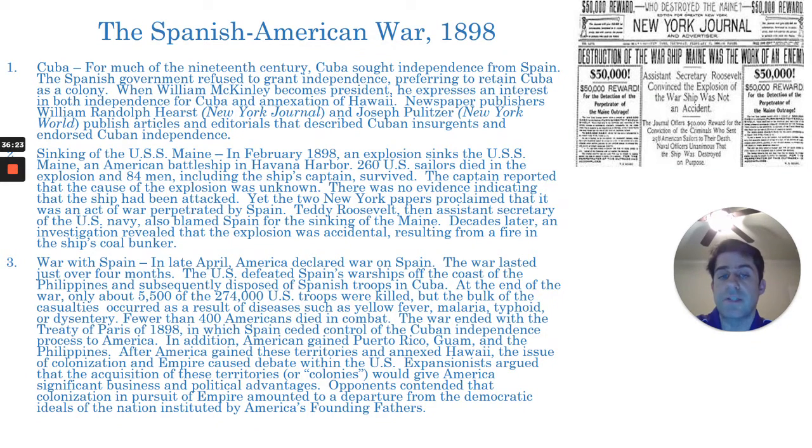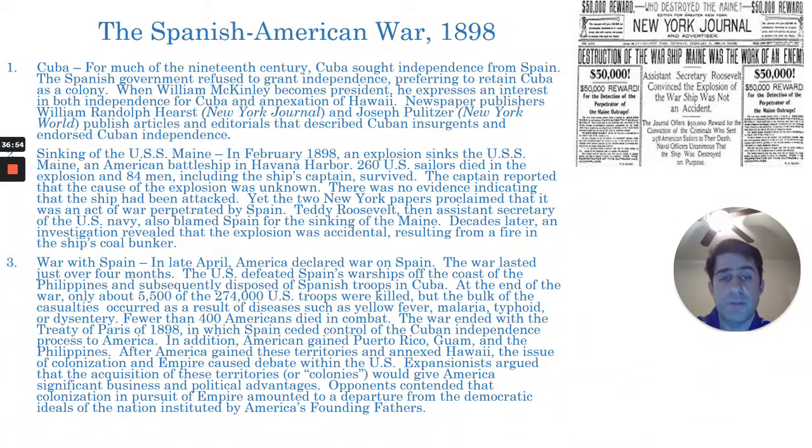A U.S. investigation revealed that the explosion that occurred on the USS Maine and resulted in the sinking of the ship and all of these deaths of U.S. sailors actually was the result of a fire within the ship's coal bunker, that it was not an attack from Spain or any other foreign country or outside adversary.